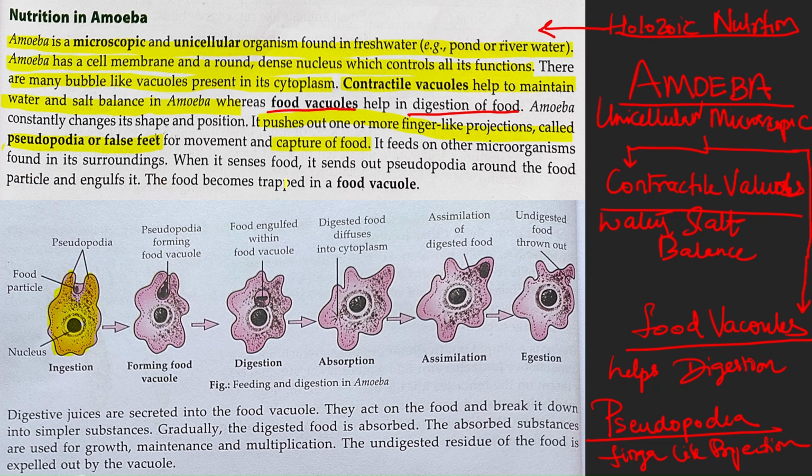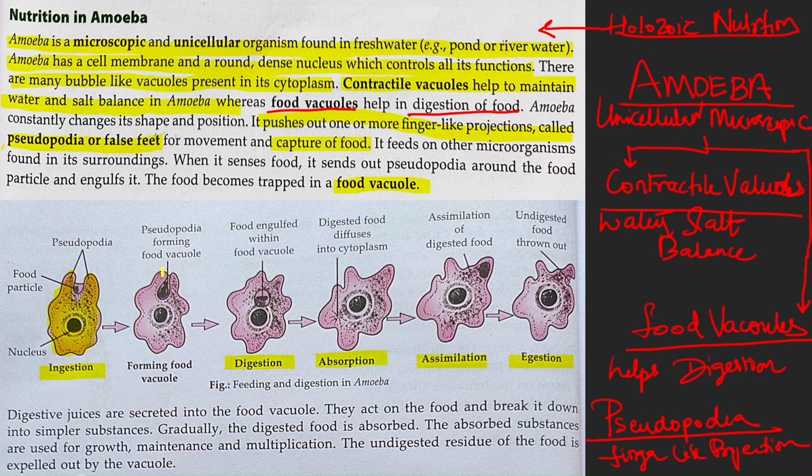When it senses food, it sends out pseudopodia around the food particle and engulfs it, just like hugging. The food becomes trapped in a food vacuole. So here all the stages of Holozoic nutrition are explained: ingestion, digestion, absorption, assimilation, egestion in amoeba. So this is the nucleus, this is the cytoplasm. When it senses the food particle, it gives out the pseudopodia.